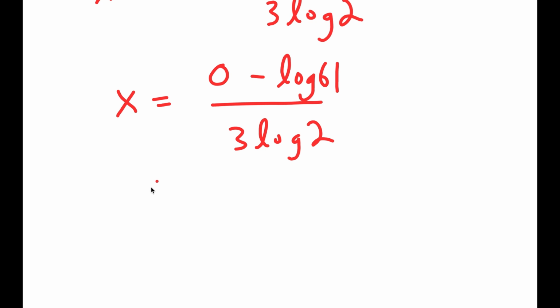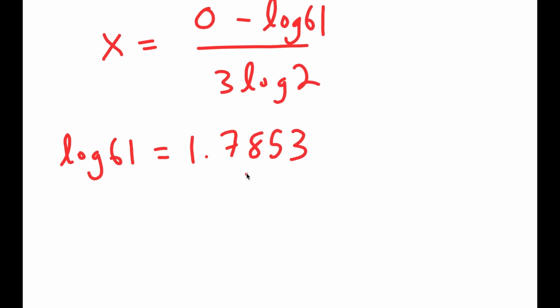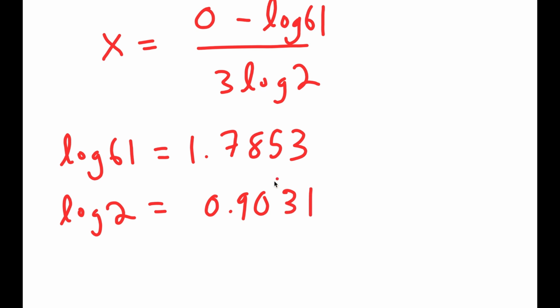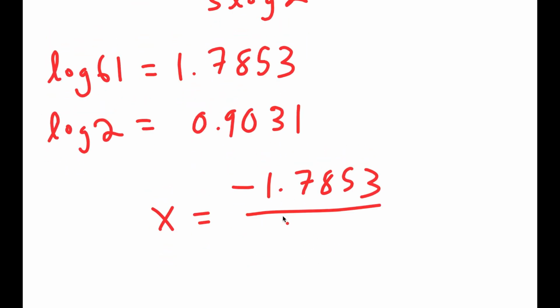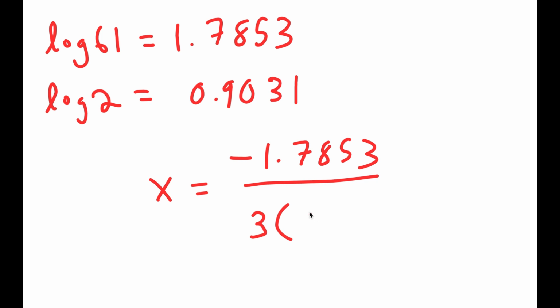And log of 61, you can use a calculator to find the value of this, but this is equal to 1.7853. And log of 2, which is the other logarithm that's involved over here, is equal to 0.9031. So now I get x is equal to negative 1.7853 over 3 times 0.9031.